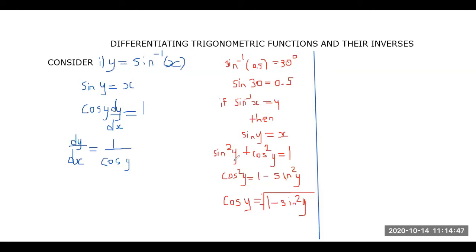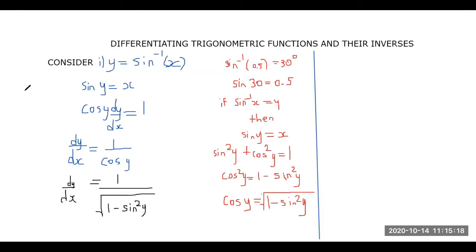Now we can make a substitution for cos y, so that dy by dx becomes 1 over the square root of 1 minus sine squared y. Now look at this part. Remember, we said that sine y is equal to x.